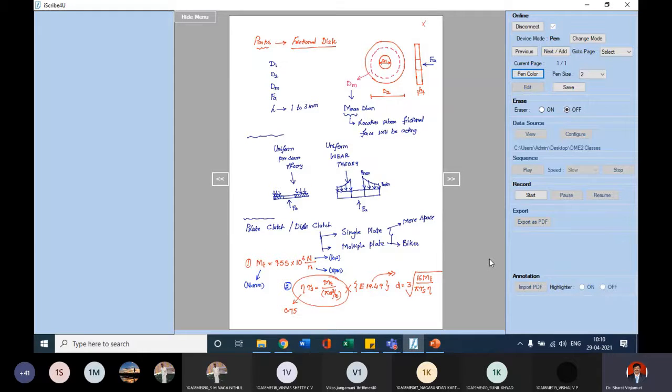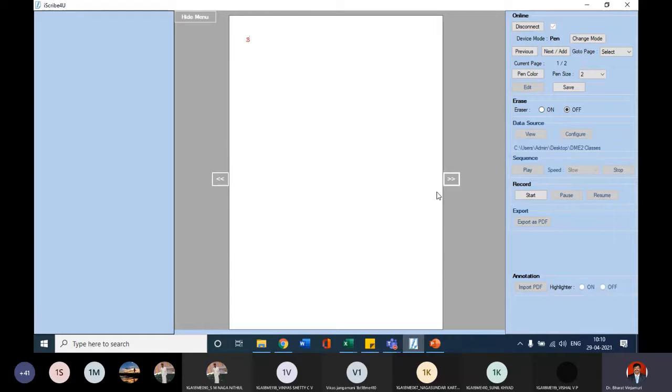Once you have done this step, your third equation would be the mean diameter, dm. We will use this mean diameter in two conditions: uniform pressure theory and uniform wear theory.